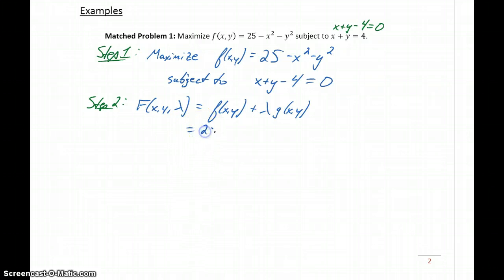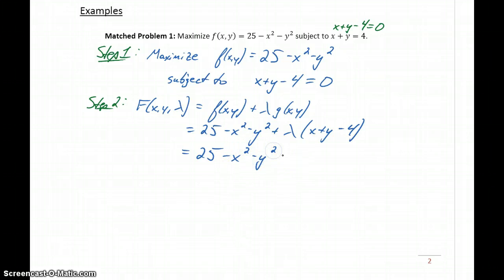So in this case, that's going to be 25 minus x squared minus y squared plus lambda times x plus y minus 4. And then distributing through the lambda, we get 25 minus x squared minus y squared plus lambda x plus lambda y minus 4 lambda.